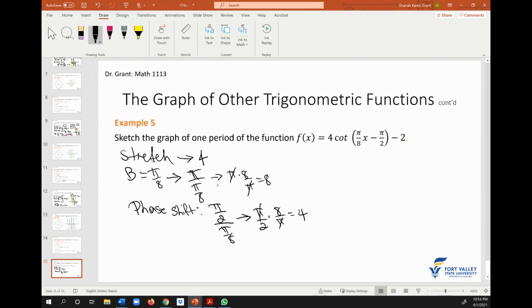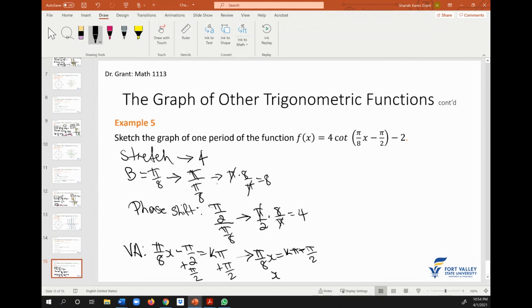My asymptotes, okay. So we're going to do pi over 8 x minus pi over 2 is equal to k pi. So I'm going to add pi over 2 to both sides. And so this becomes pi over 8x equals k pi plus pi over 2.